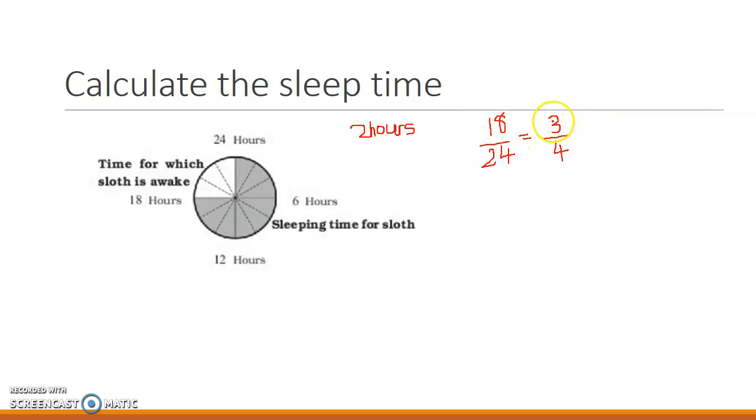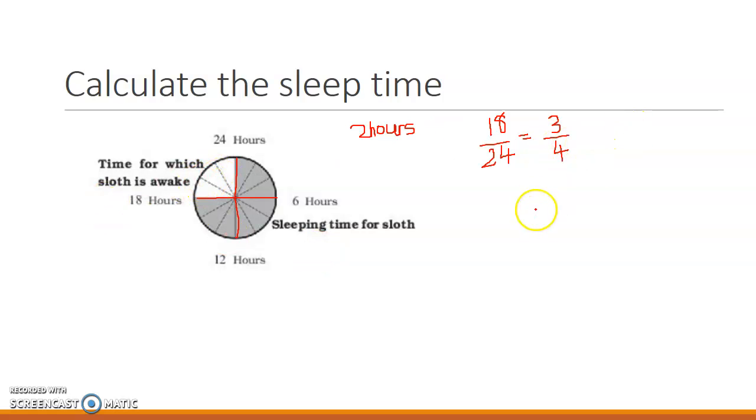So 3/4 of the day it sleeps. This picture is divided into 4 equal parts, with 3 parts sleeping. So it shows the fraction of the time for which the sloth is sleeping.